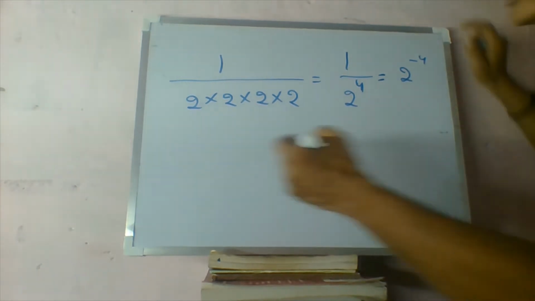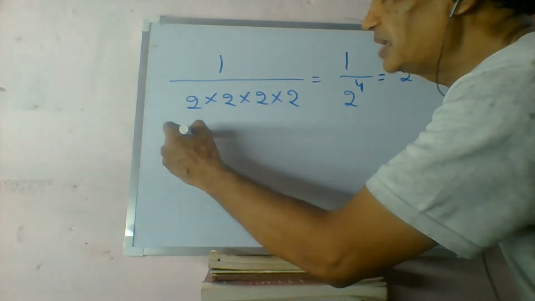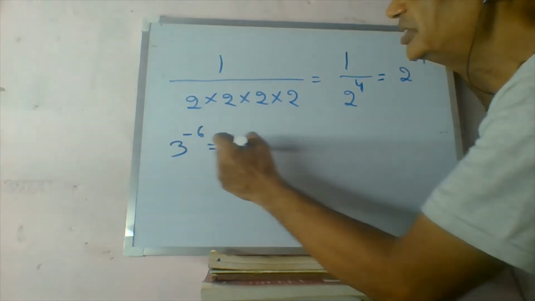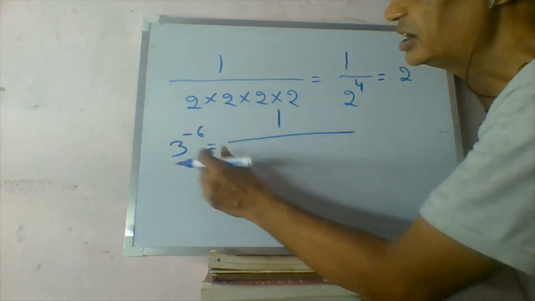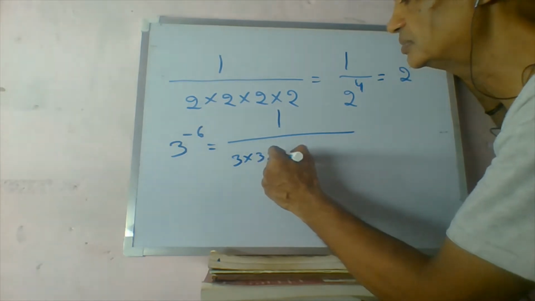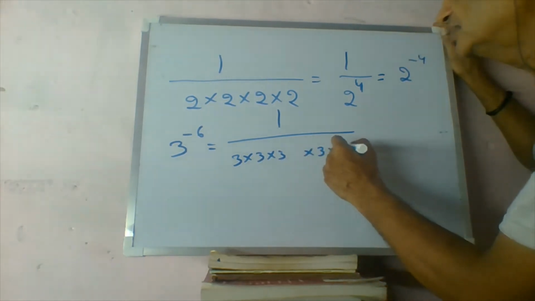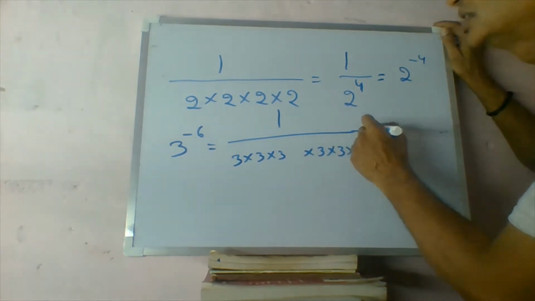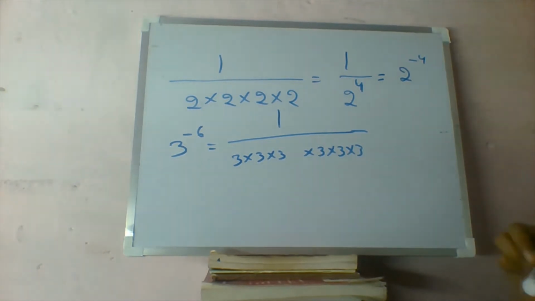By that token, if we have 3 raised to power minus 6, this means in denominator we are multiplying 6 threes: 3 into 3 into 3, 3 into 3 with themselves. So no problem so far.